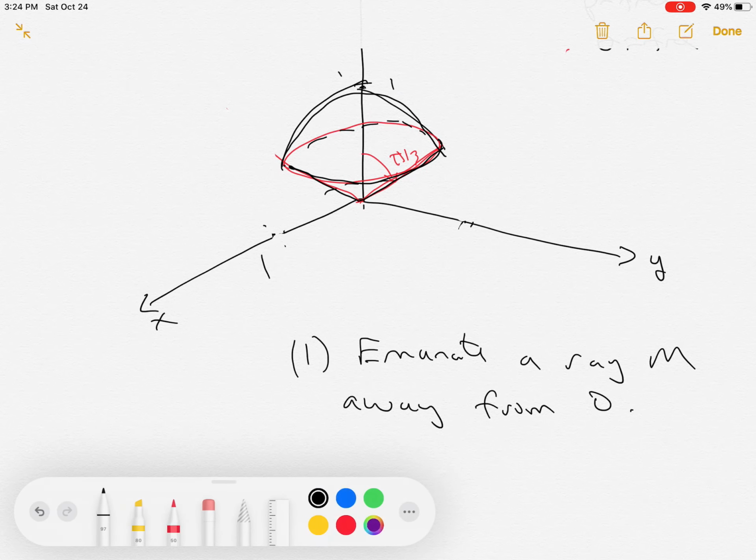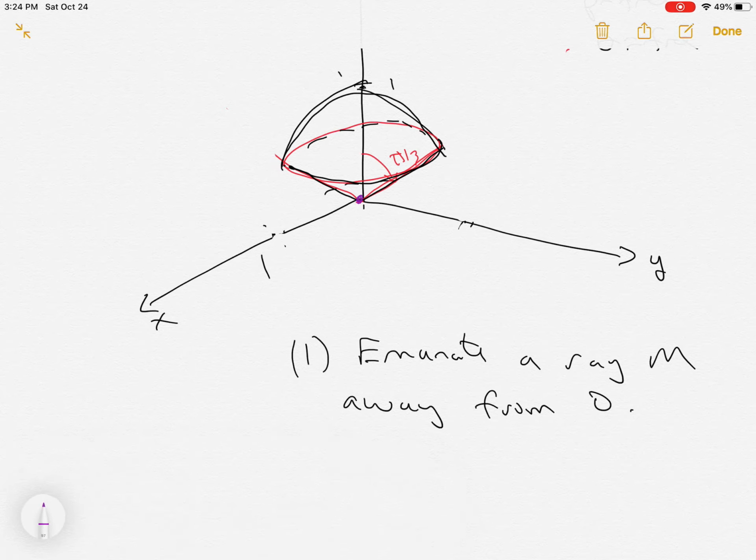So as we exit the origin here, we start at rho equals 0 and we go out the top here and we exit there. So there's my M, right? So rho goes from 0 to 1, because we're on the sphere, rho equals 1.